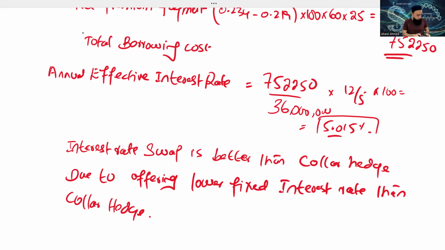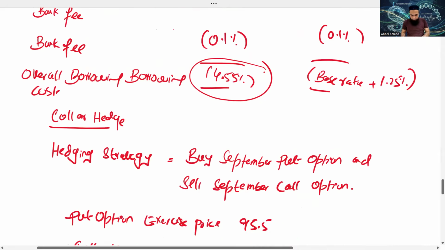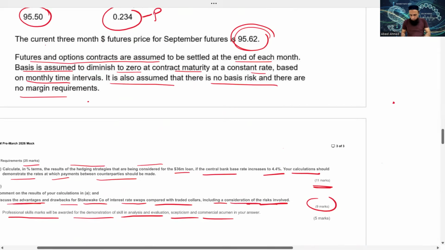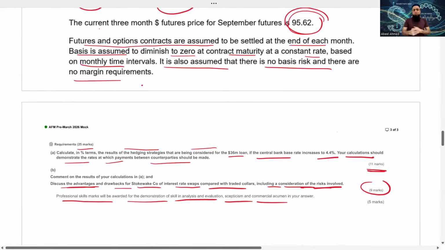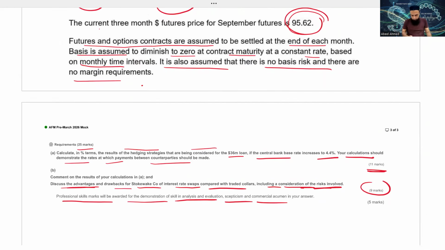Okay, now students, if you go to the next requirement, I just want to say one thing. Whoever has seen the regular classes properly should not have any issue in this question.